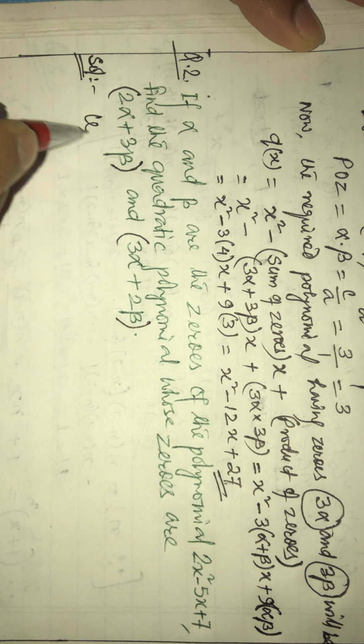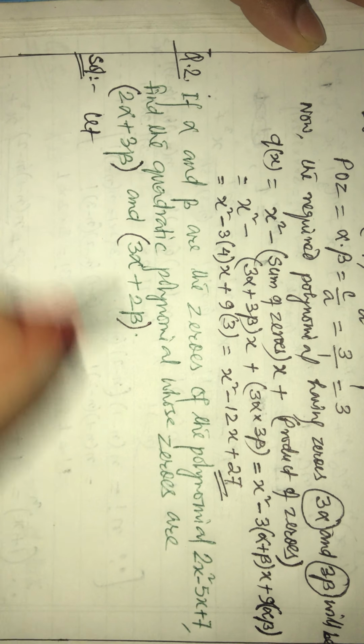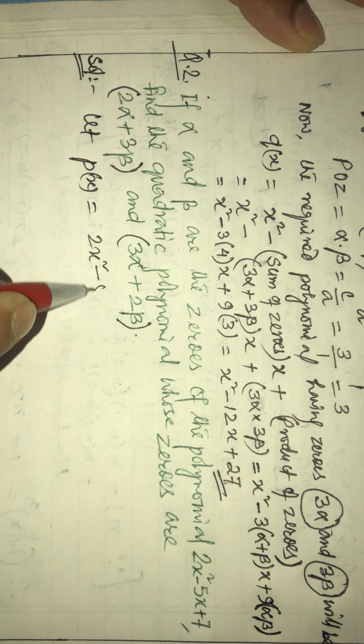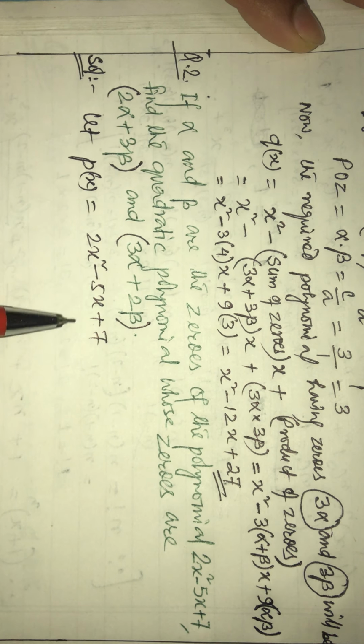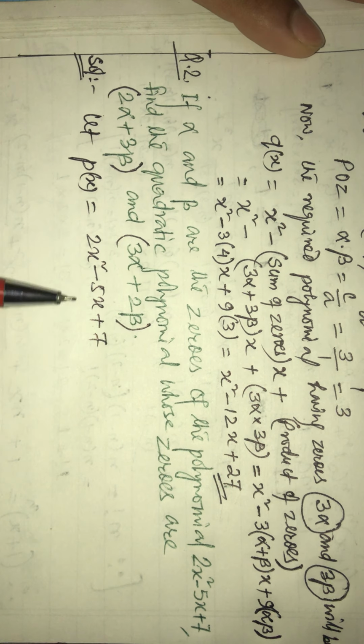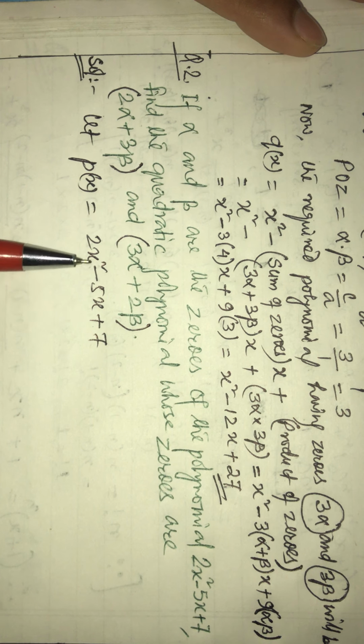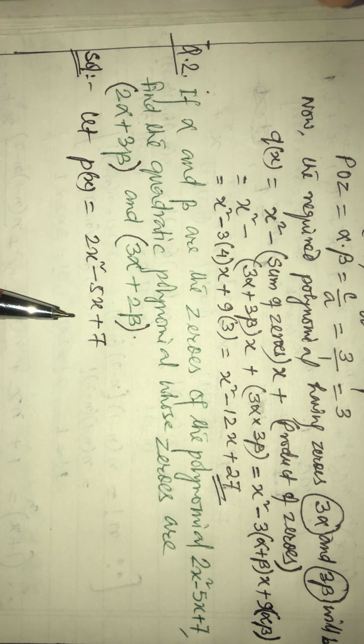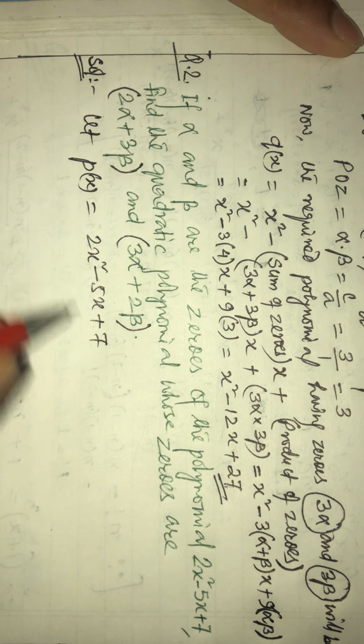Okay, the approach will remain the same. So I'll write here, let this be the polynomial, p of x equals 2x square minus 5x plus 7. Once again, let me tell you, here also if you want, you can factorize this and get two zeros, alpha and beta, but I'm not going for that. I will follow the same rule as we have done earlier.